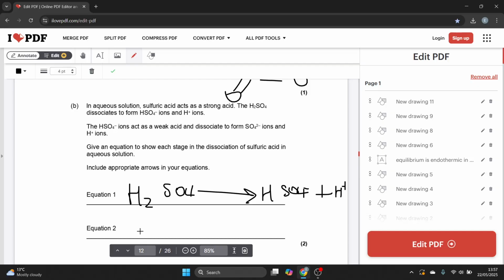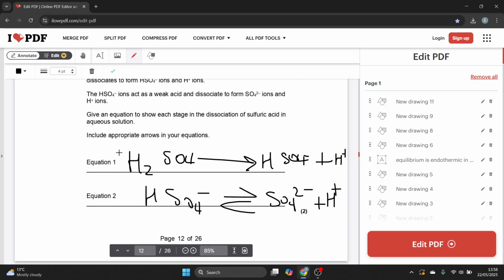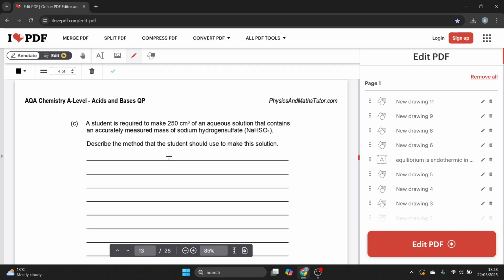Then I've got the HSO4 minus dissociating to SO4 2 minus plus H plus. Again, I'll memorize these two equations.